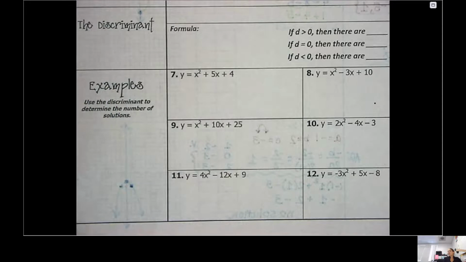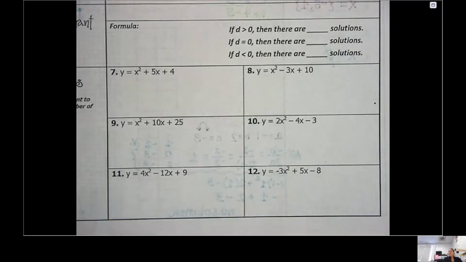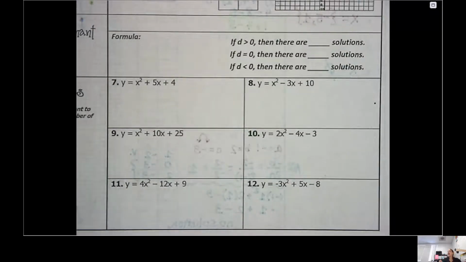The next part is called the discriminant. Has anybody heard that word before? I have not heard that word. So maybe not. The discriminant is just something that we use to determine how many solutions there are. So without graphing, you already should know how many solutions there are. So it's a good way to just check your work.